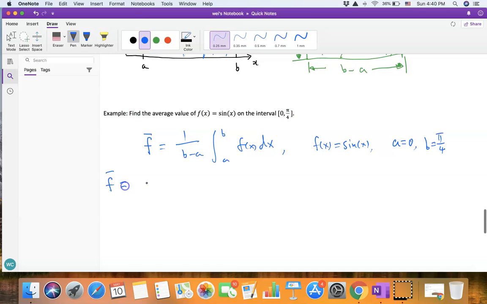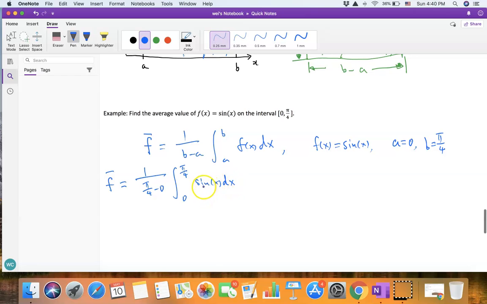So the average value is 1 over (pi over 4 minus 0) times the integral from 0 to pi over 4 of sine x dx.